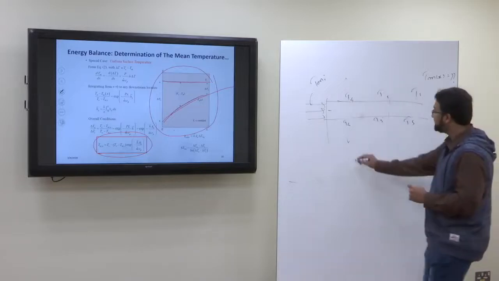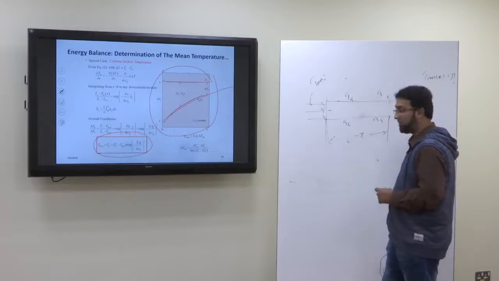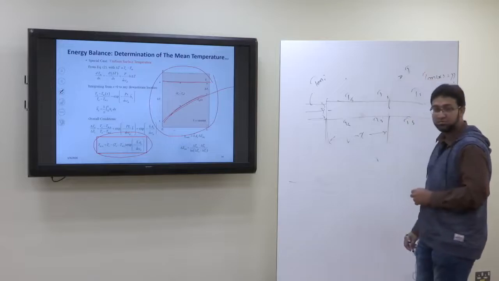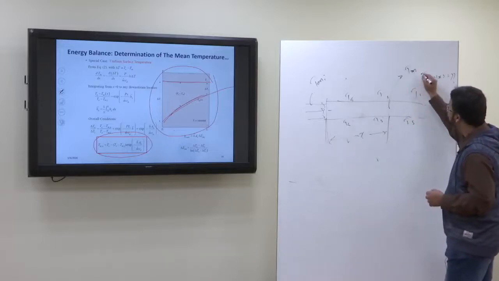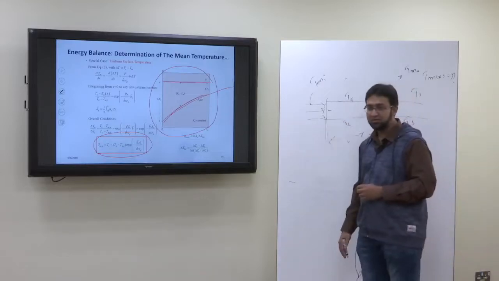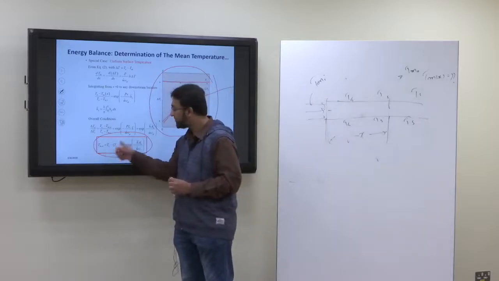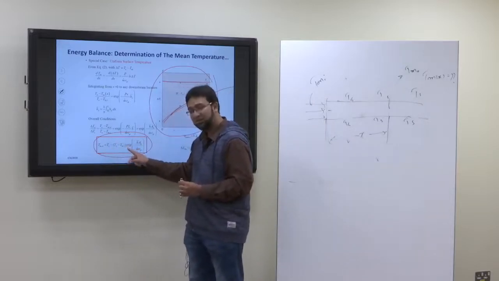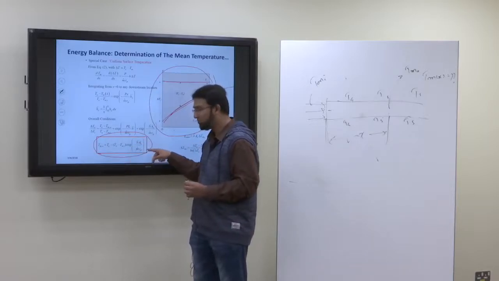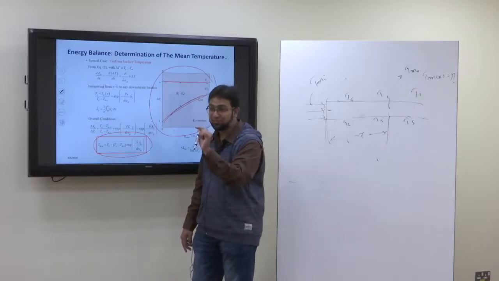And suppose after a distance x, we need to know what is the temperature, T mean. So consider this as T mean inlet, T mean outlet. So T mean outlet will be equal to T surface minus T mean inlet exponential negative H As upon m dot Cp. This is for the case of constant surface temperature.